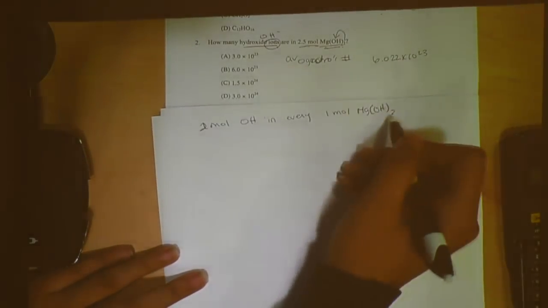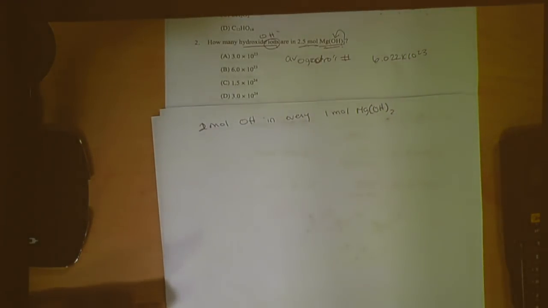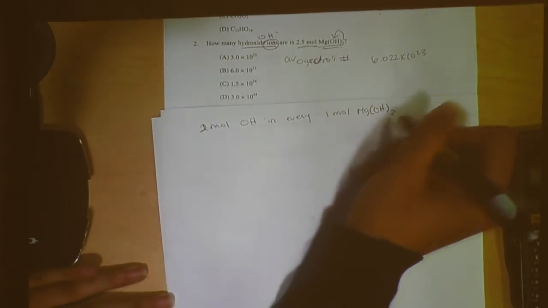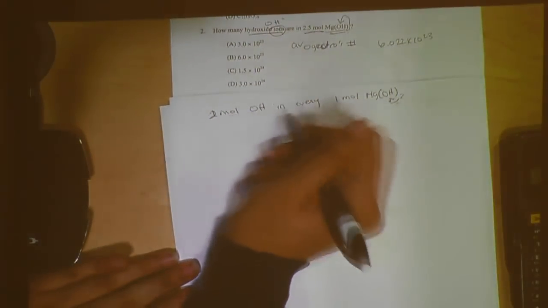I got that from the actual formula, right? So that means I have 1 Mg in every 1 mole Mg(OH)2, and I have 2 OH in every Mg(OH)2, right? Because that 2, when the OH is in parentheses, means that the whole hydroxide ion, there's 2 of them. So now I know basically the mole-to-mole ratio.